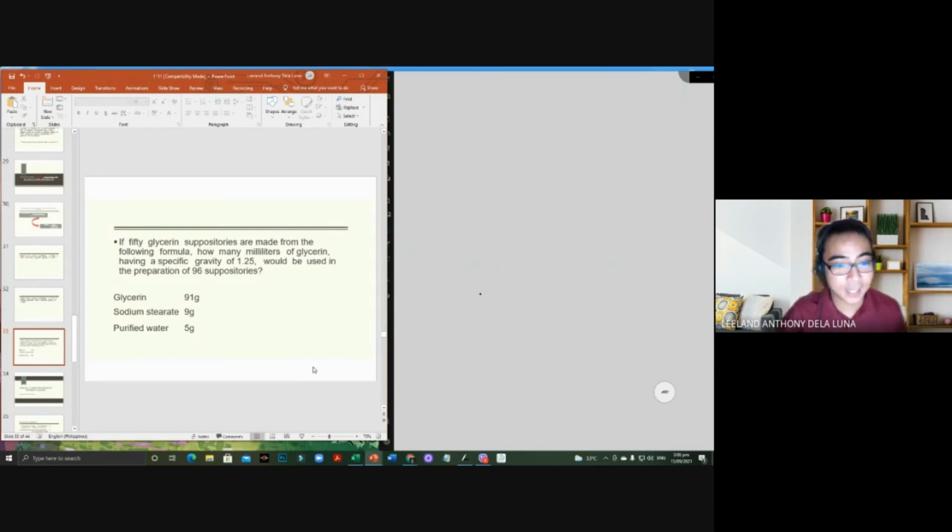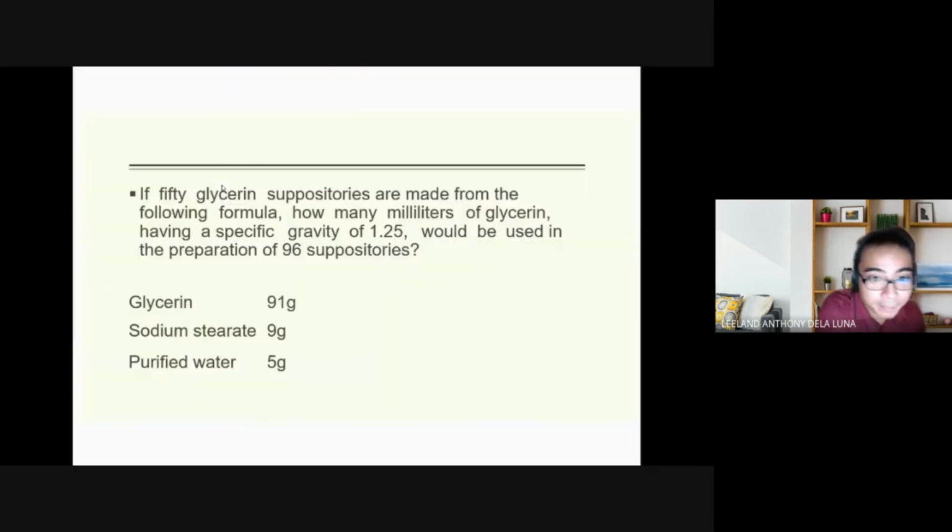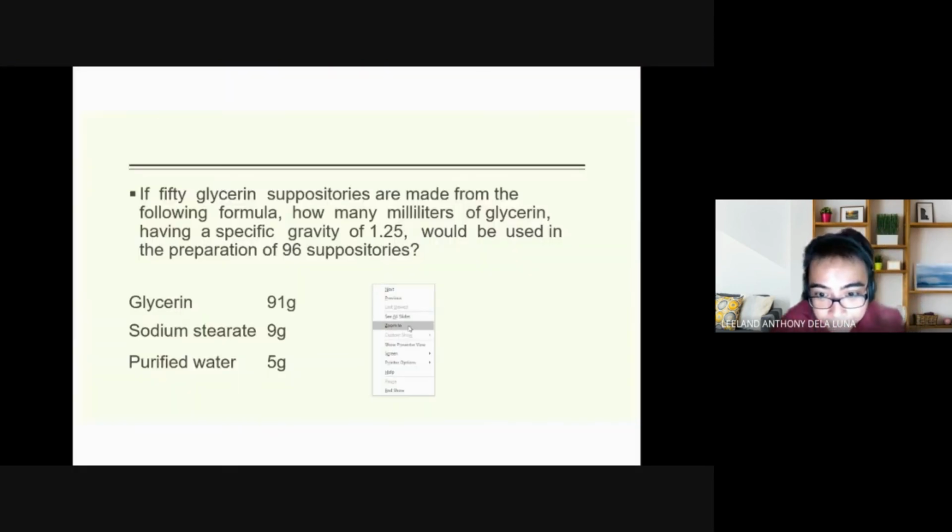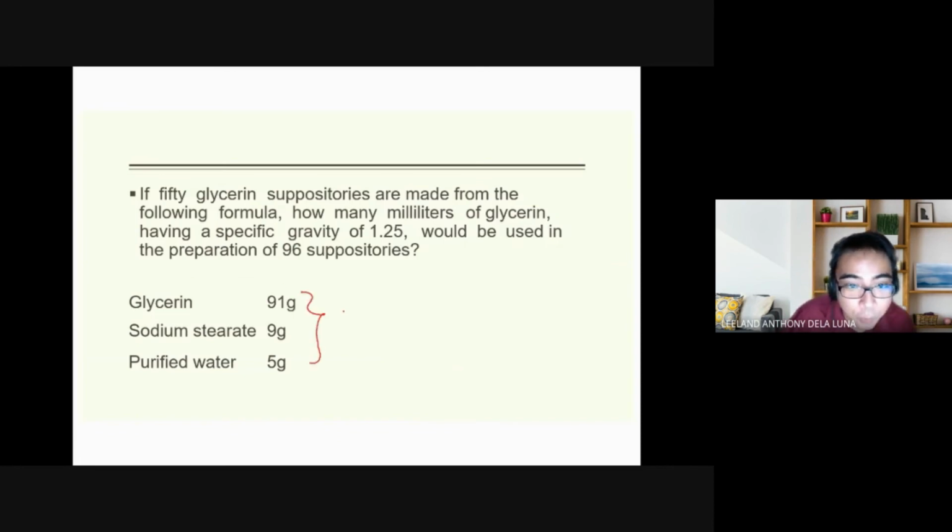So let me explain this class ulit. Right? So try ko kung kaya naman. Ang formula na ito is enough daw to make 50 suppositories.